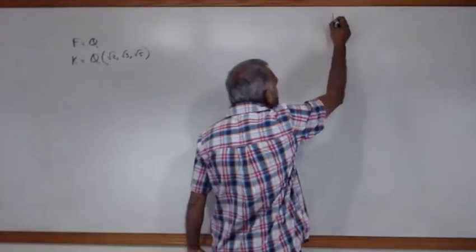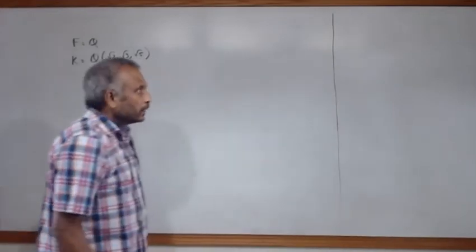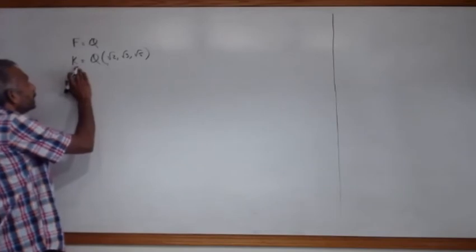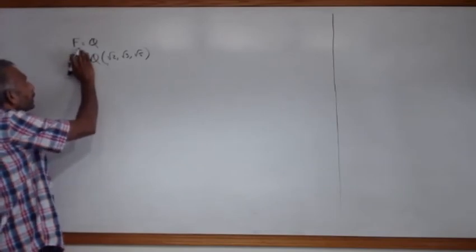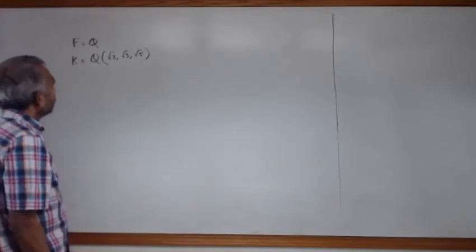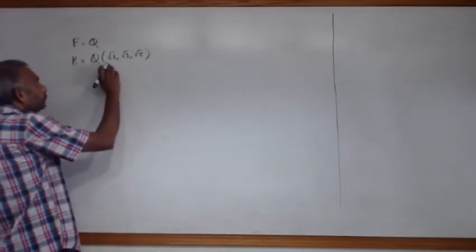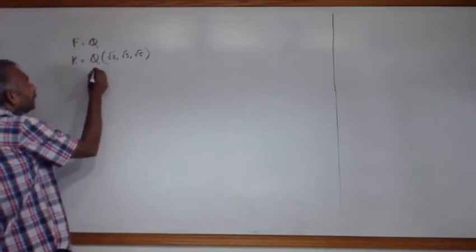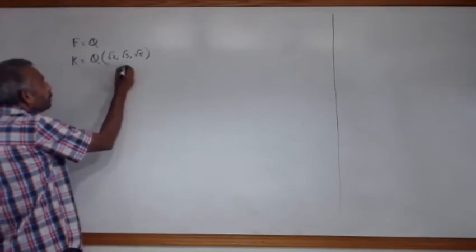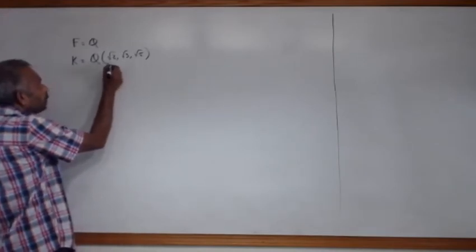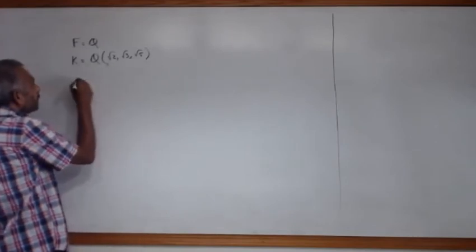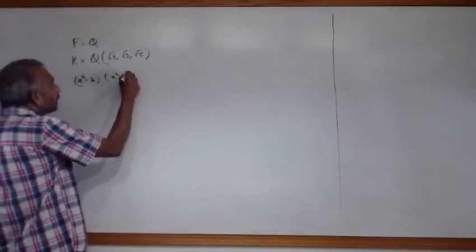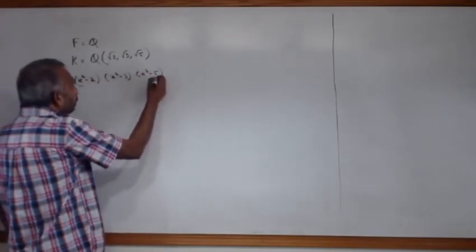So definitely K is separable over F. Why? Because the irreducible polynomials that give root 2, root 3 and root 5 are x squared minus 2, x squared minus 3, x squared minus 5.